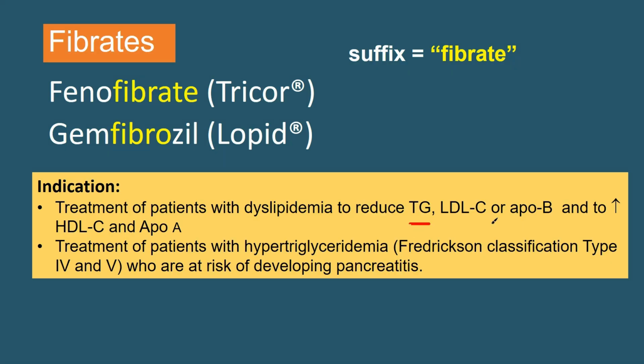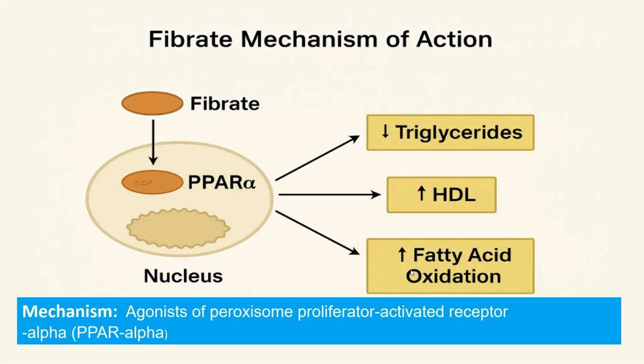Additionally, they lower LDL and ApoB, and also increase HDL cholesterol and ApoA. However, the primary use is for conditions such as hypertriglyceridemia, also known as Fredrickson classification type 4 and 5, where high triglycerides can increase the risk of pancreatitis. Therefore, those patients will receive a combination of fenofibrate with statins.